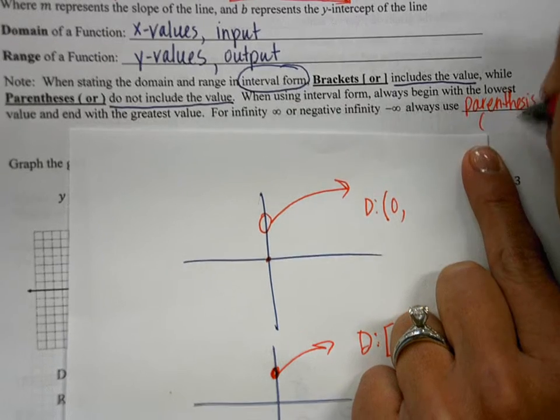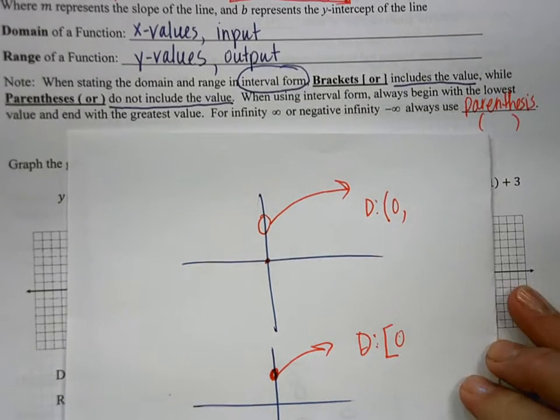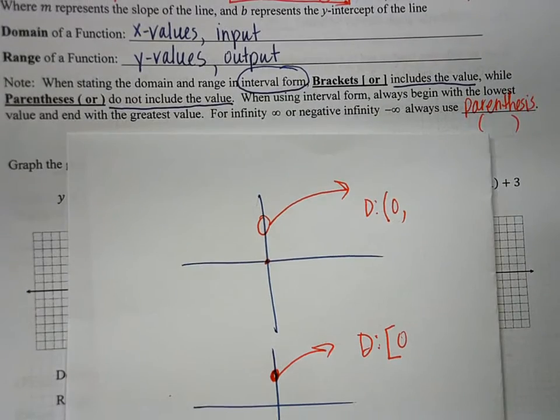Does anyone have any idea why we would use parentheses for infinity versus using a bracket? Because infinity can contain anything besides the value that's given. Very good. So infinity doesn't ever have an end, right? It goes on forever. And so that's why you have to use a parenthesis, because there is no specific end value where it's going to stop.